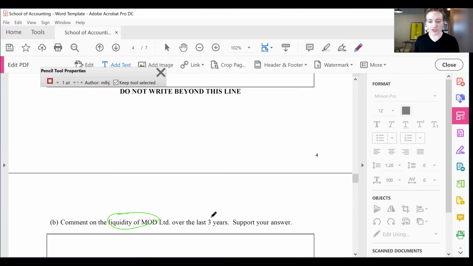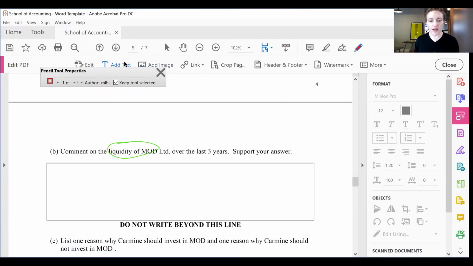So say we were to want to answer this question, we can formalize what our answer might look like here. So let me just type in what we might put here. What we might say is the liquidity has worsened. And when we're saying the liquidity has worsened, we need to justify why this is the case. So we can say while the current ratio has increased, the quick ratio has not.